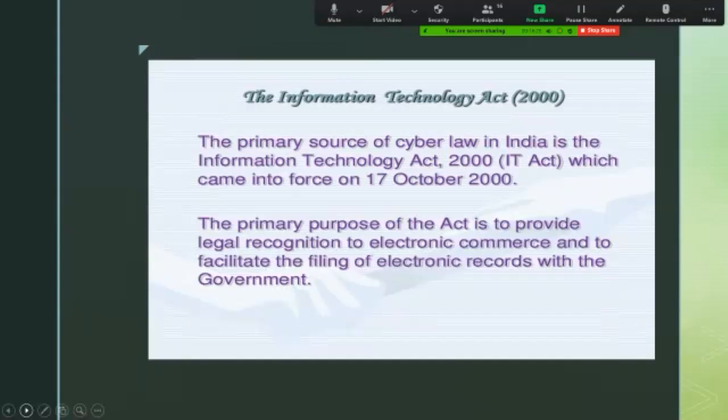This is the Information Technology Act. Remember that in your exams also, in cyber security, the Information Technology Act can be asked.